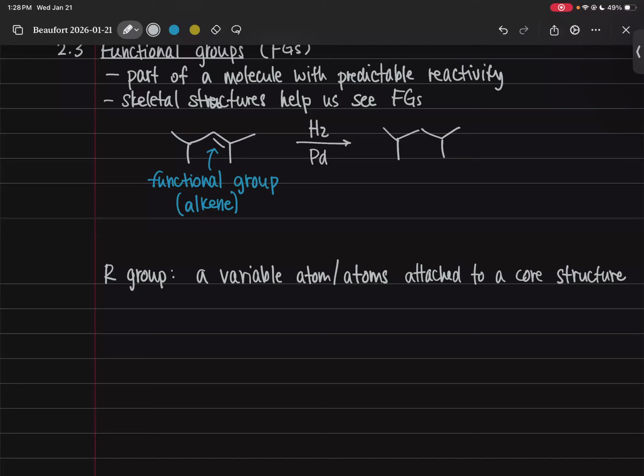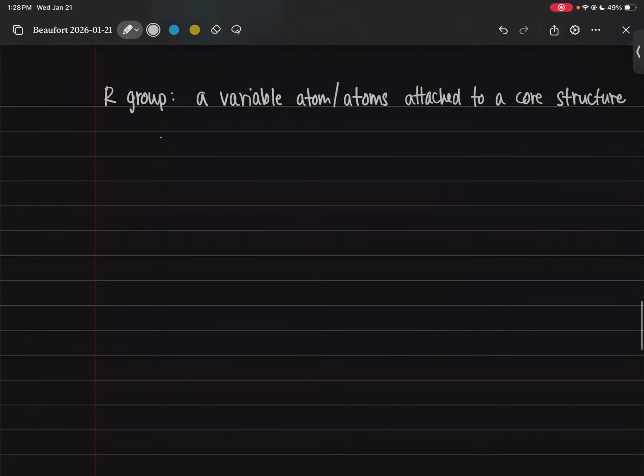Let's take our example molecule, our example alkene. The double bond on the right-hand side, we're interested in that because that's going to do our chemical reaction. But what about this cluster of atoms on the left?